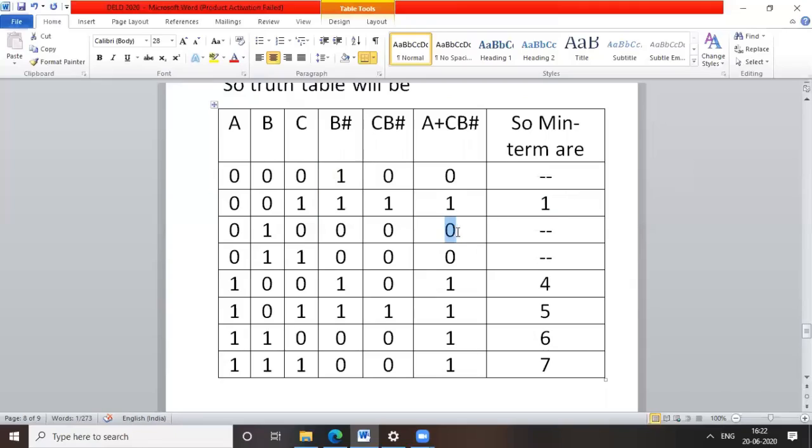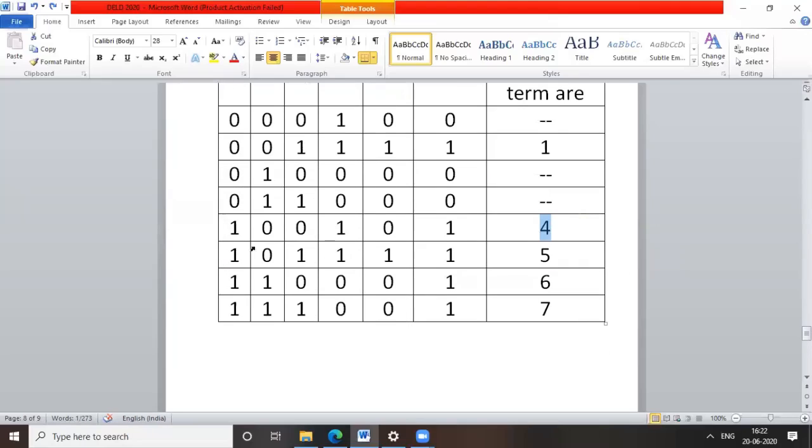Now the next two entries are 0, 0, so neglect them. The next entry is 1, where the output is 1, so we have to consider this input combination. What is the input combination? 1, 0, 0. This binary number converted into decimal is 4. So this is a minterm also present in the function. In the same way, for these 3 entries, again the output is 1, 1, 1.